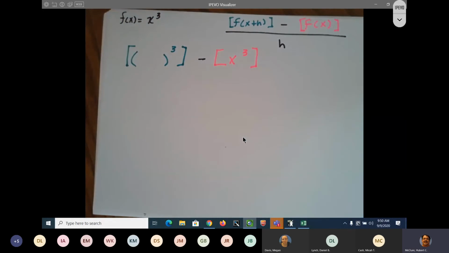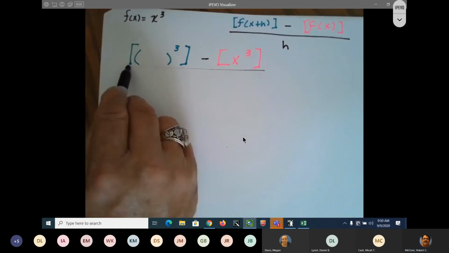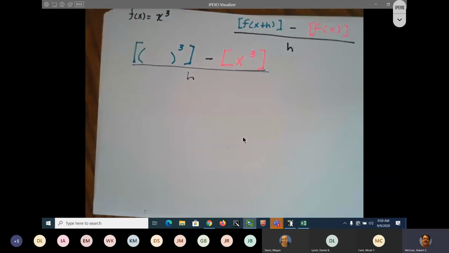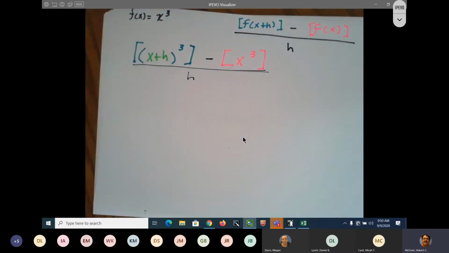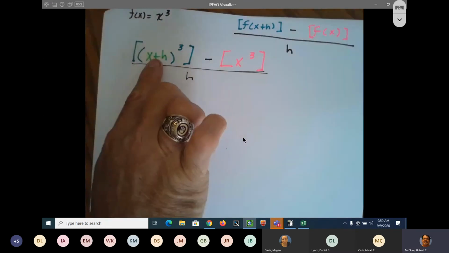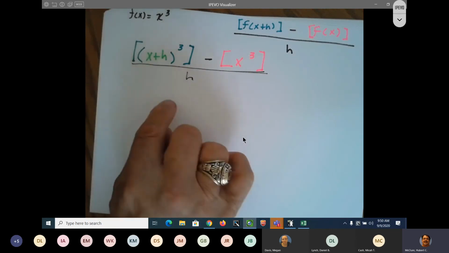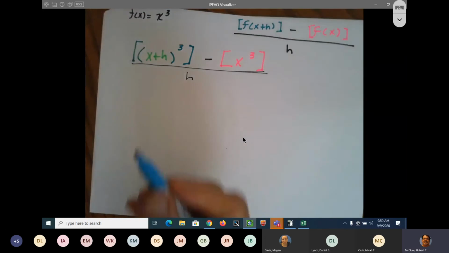Well, you got to remember, you can't do x plus h to the third unless you break it up and plug in your x plus h. That is not doable unless you break it up into a quadratic and a polynomial. And that's where it gets fun.